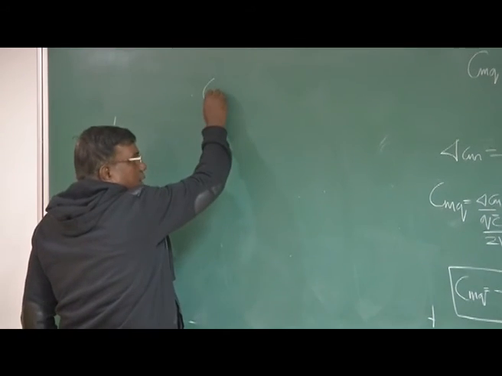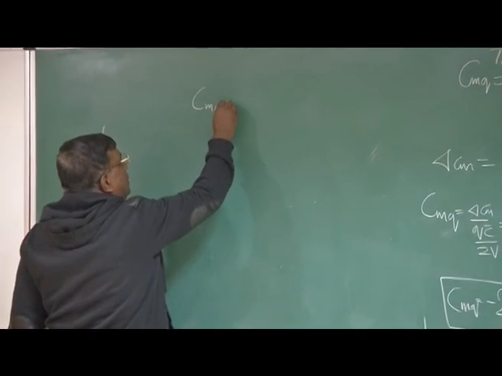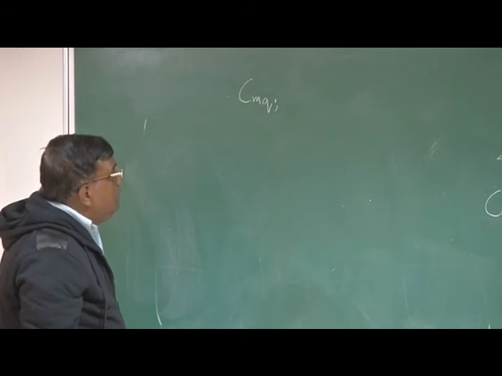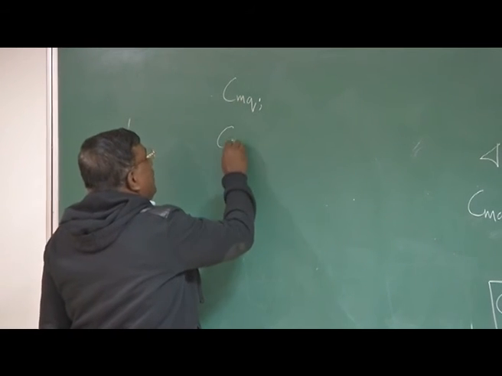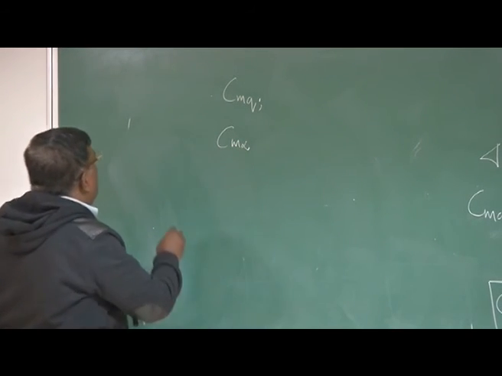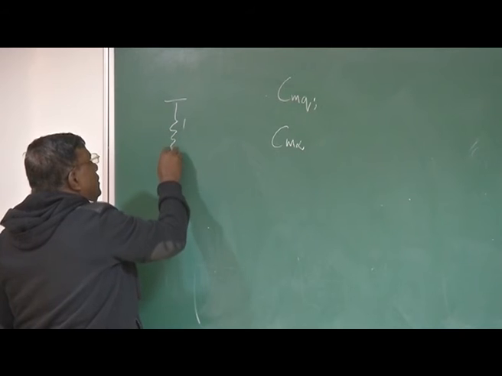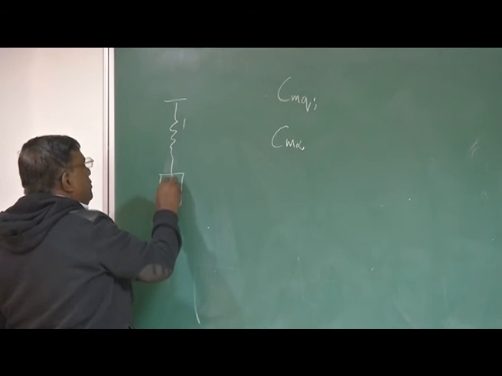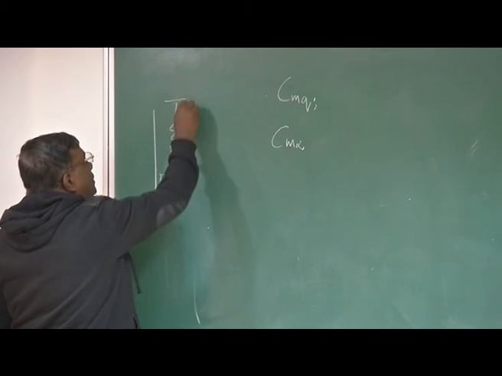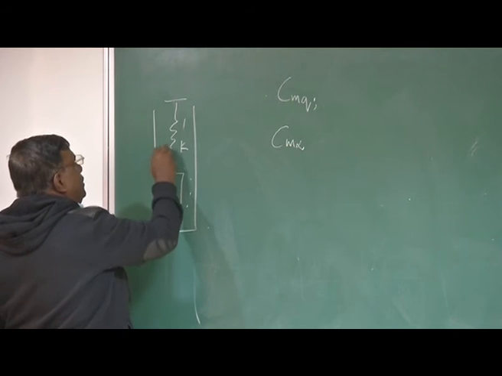Before I explain the nature of C_mq, let me explain first C_m alpha. And I will take you back to all those examples of mass spring. If you remember, I've been giving this example.